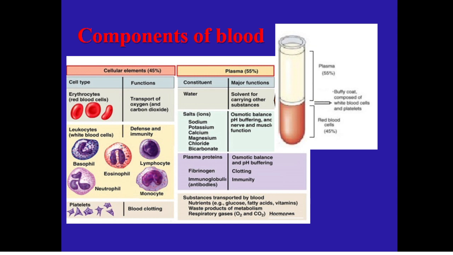Plasma, nearly 55% of the volume of blood, is represented mainly by water. But we all know that blood is thicker than water. Many salts are dissolved in our plasma, mainly sodium, potassium, calcium, magnesium, chloride and bicarbonate.